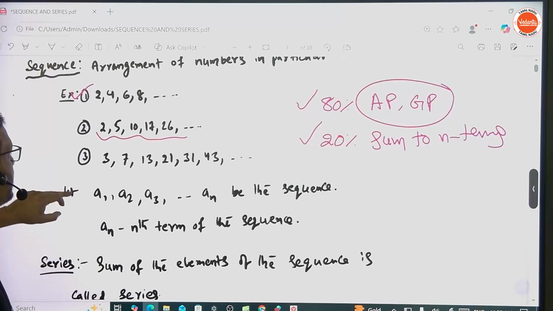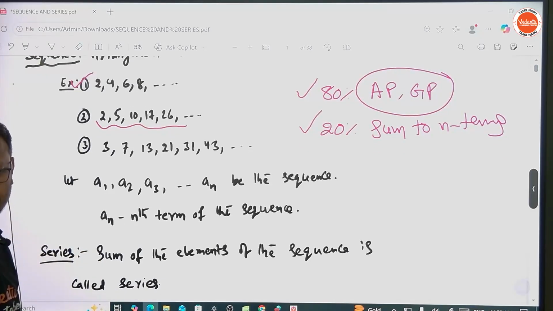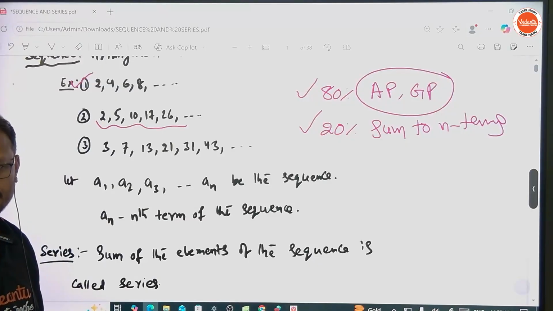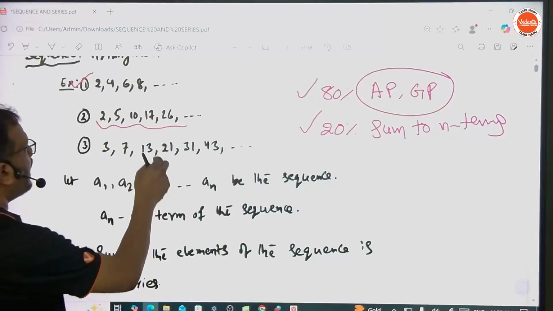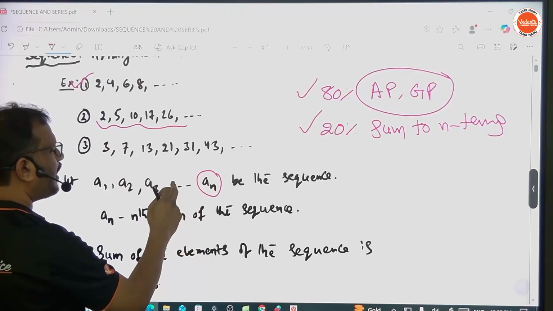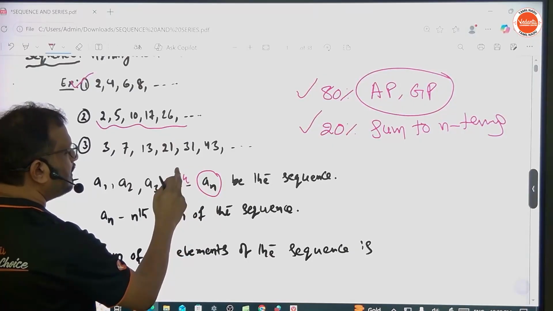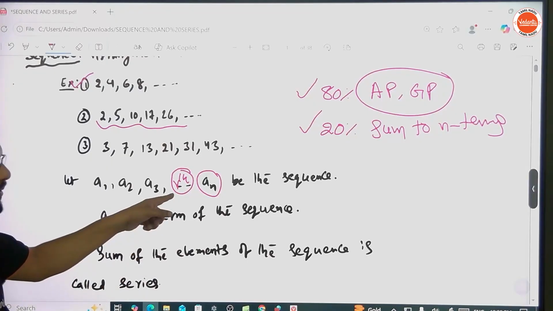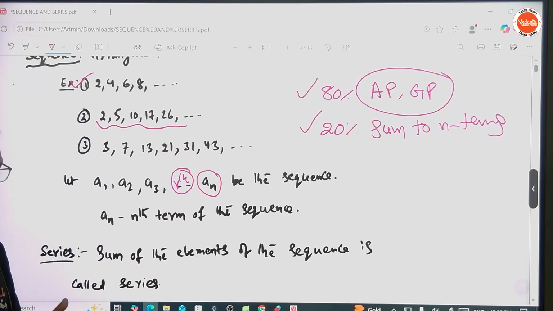Suppose we have n terms. The last term we will call the nth term, or before that, the rth term. That is also important to discuss, along with the sum of the series.